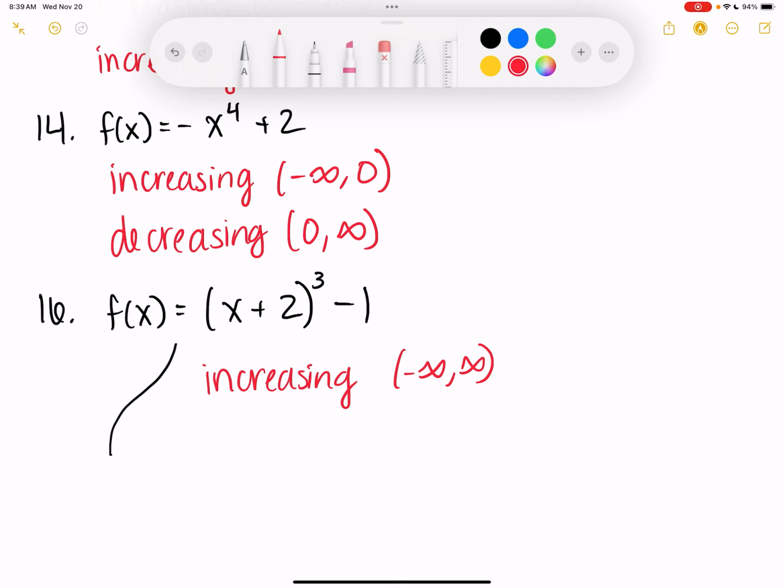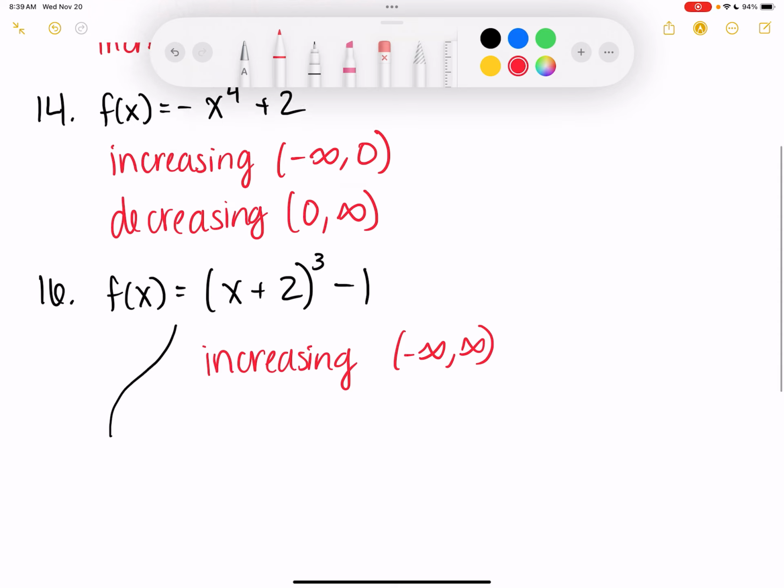Let's focus back in now. The next thing says to use an end behavior diagram to describe the end behavior of the polynomial function.